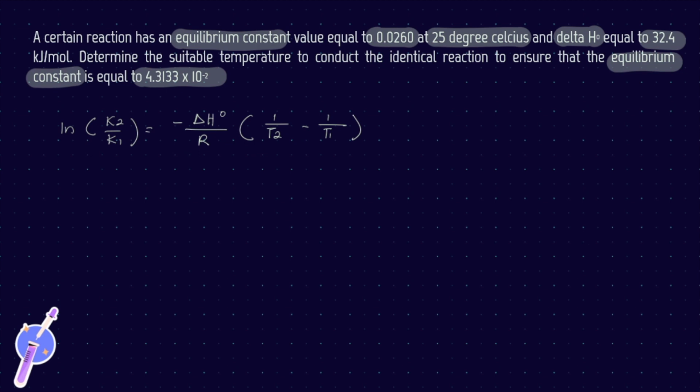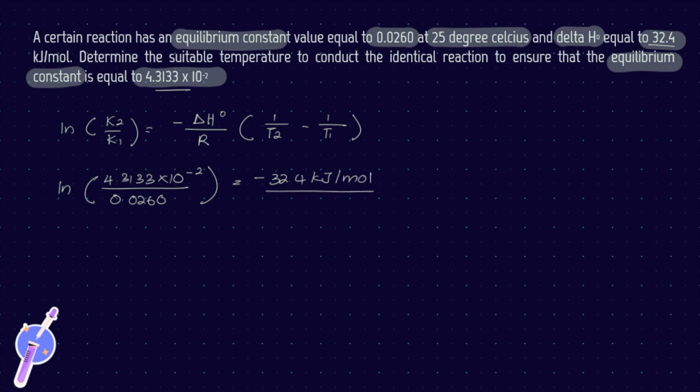Alright, so now we are going to plug in all the values that we already have. So ln K2, so your K2 is 4.3133 times 10 to the power of negative 2. And your K1 is 0.0260. And then your delta H is equivalent to 32.4 kilojoule per mole.